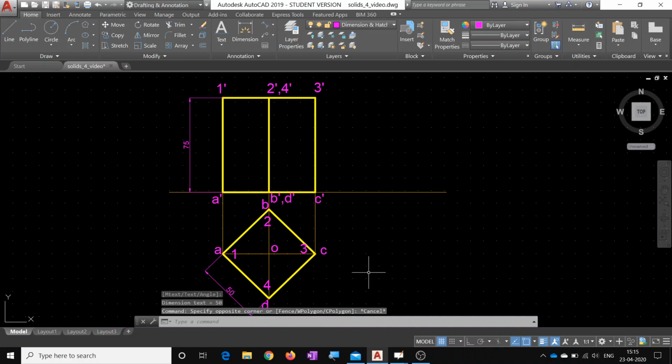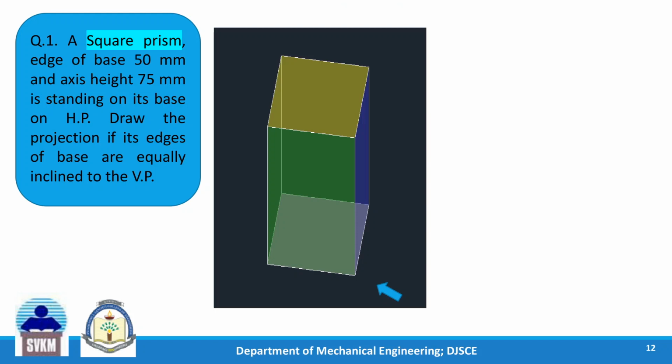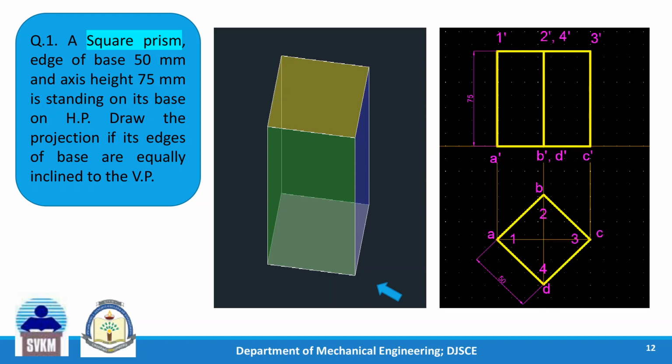So this is how we have completed both the views here. Let us see that solution here again. Okay, so this is how we have solved this. Now let us move to the second sum.